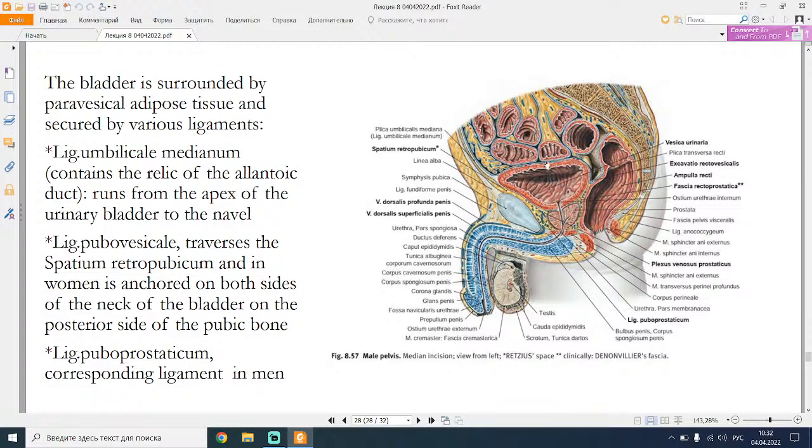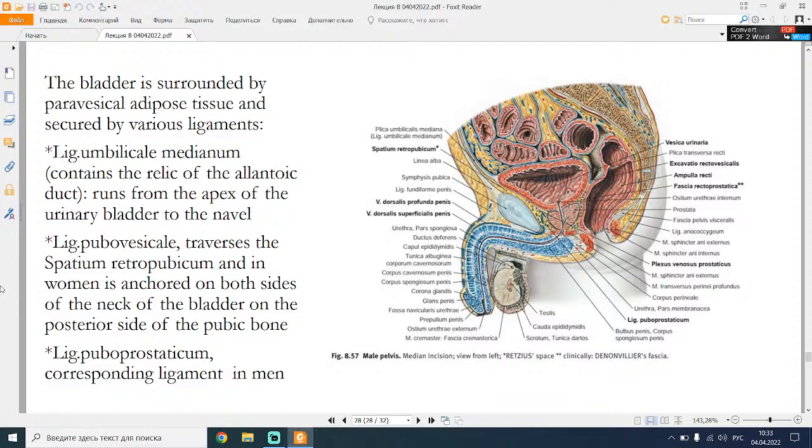Ligamentum umbilicale runs from the apex of the urinary bladder to the navel, and ligamentum puboprostaticum is the corresponding ligament in man.